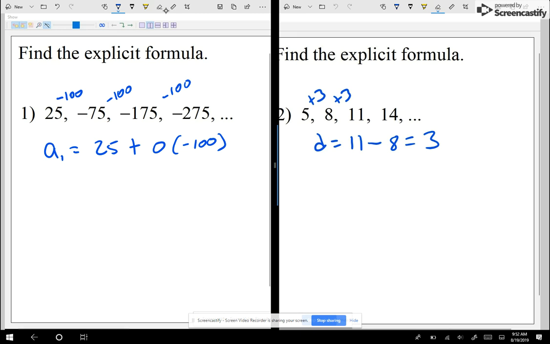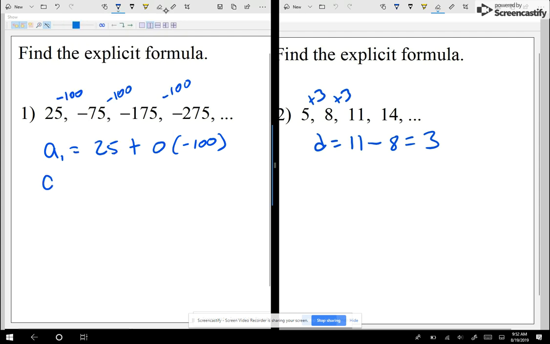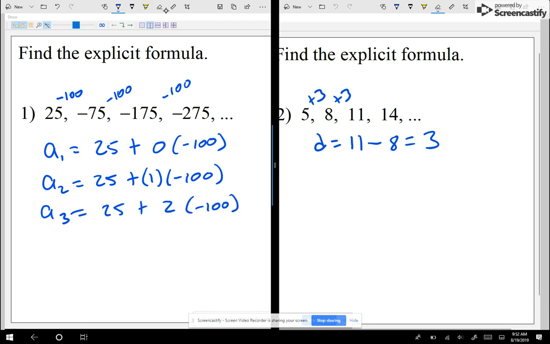If I want to get the second number, I'm going to say a sub 2 is 25 plus 1 times the difference. The third number is 25 plus 2 times the difference.